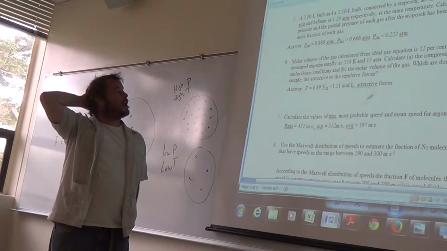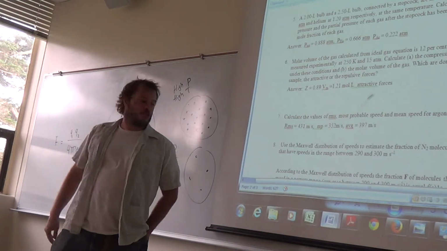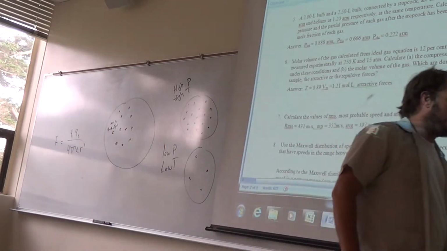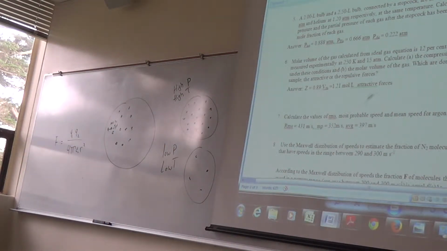Number 5, you've got 2 separate containers, each that have gas in them, and they are separated by a stopcock. And they're not at the same pressures and temperatures, right? They're at different pressures and temperatures. They have different numbers of moles. You pull the stopcock, you open that up, the gases mingle.